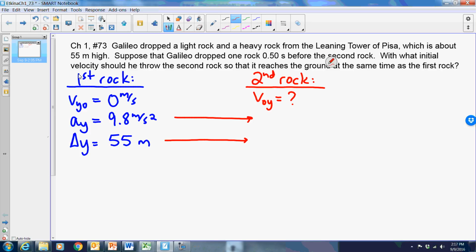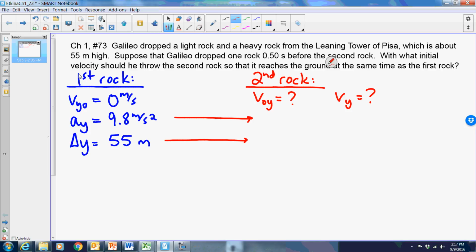So when we're looking at our list of equations, we can't use, for instance, one that has v y in it because we don't know that either. That means that we're going to need to know time in order to solve for the initial velocity of the second rock.